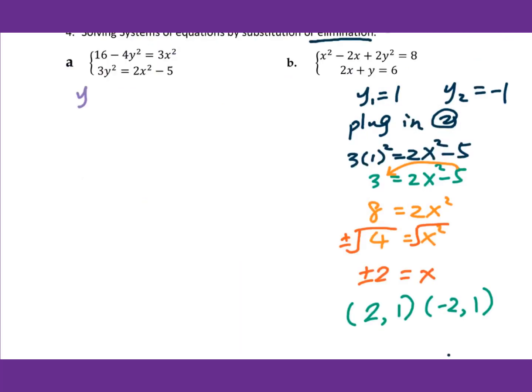Now for y2 equals negative 1, I still plug into the second equation. This is 1, this is 2. So we got 3 times (negative 1) squared equals 2x squared minus 5. 3 equals 2x squared minus 5. It will be exactly the same as this one.